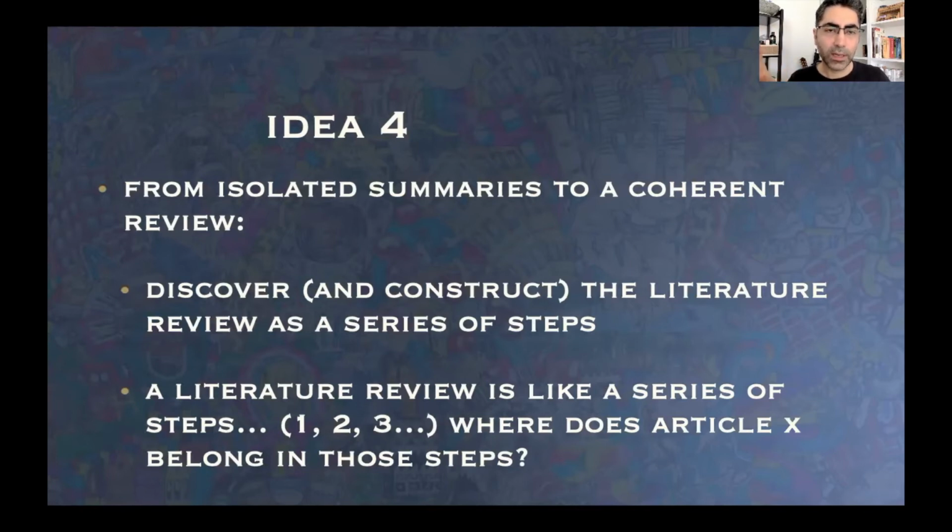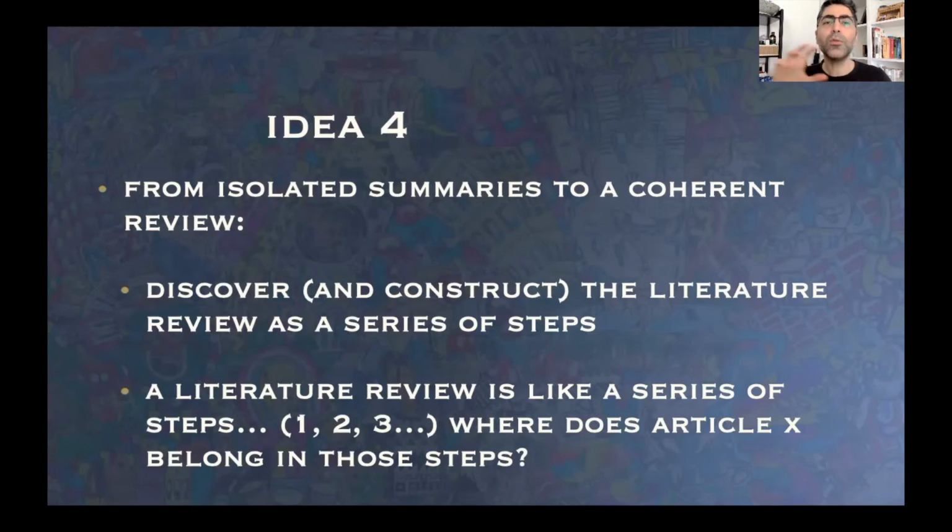So you can, of course, sit down and write your literature review from scratch, but it is possible, and I would encourage you to consider, going from your isolated summaries of individual articles that you have already written, moving from those isolated summaries to a coherent and organized literature review.